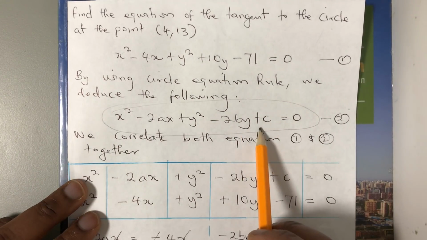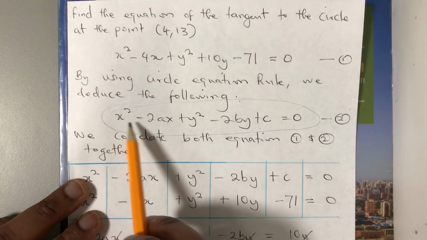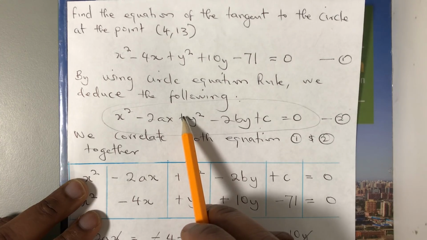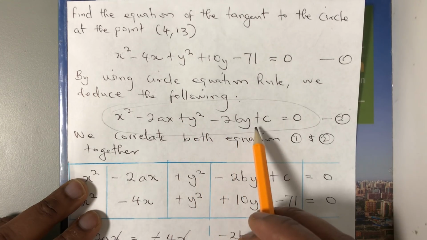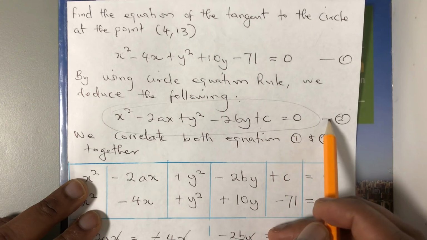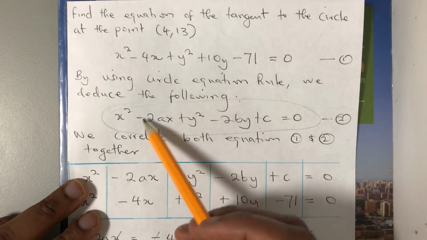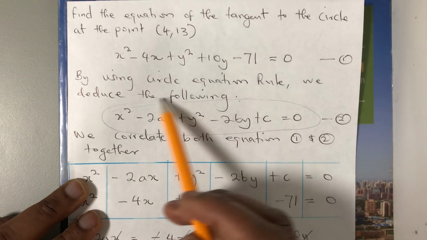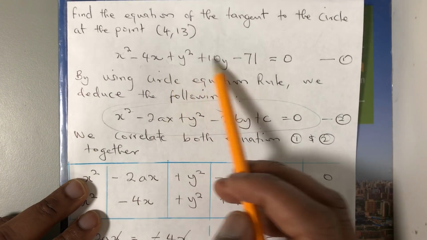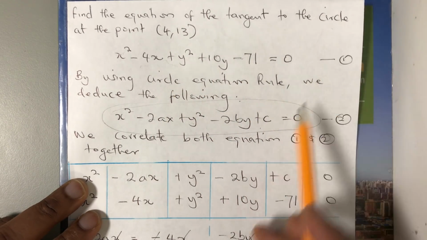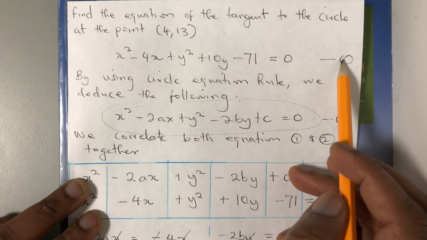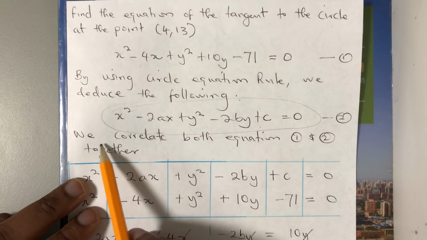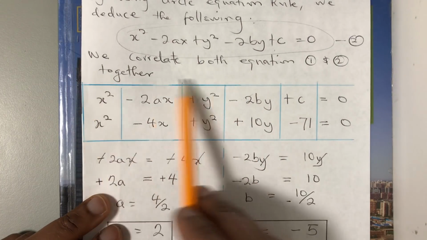Then, by using the formula over here, x raised to the power 2 minus 2ax plus y raised to the power 2 minus 2by plus c, which is constant, equals 0, we correlate and juxtapose this formula to the equation of the circle, which we are given in equation 1. So, by comparing equation 1 and 2, we have this table set up.